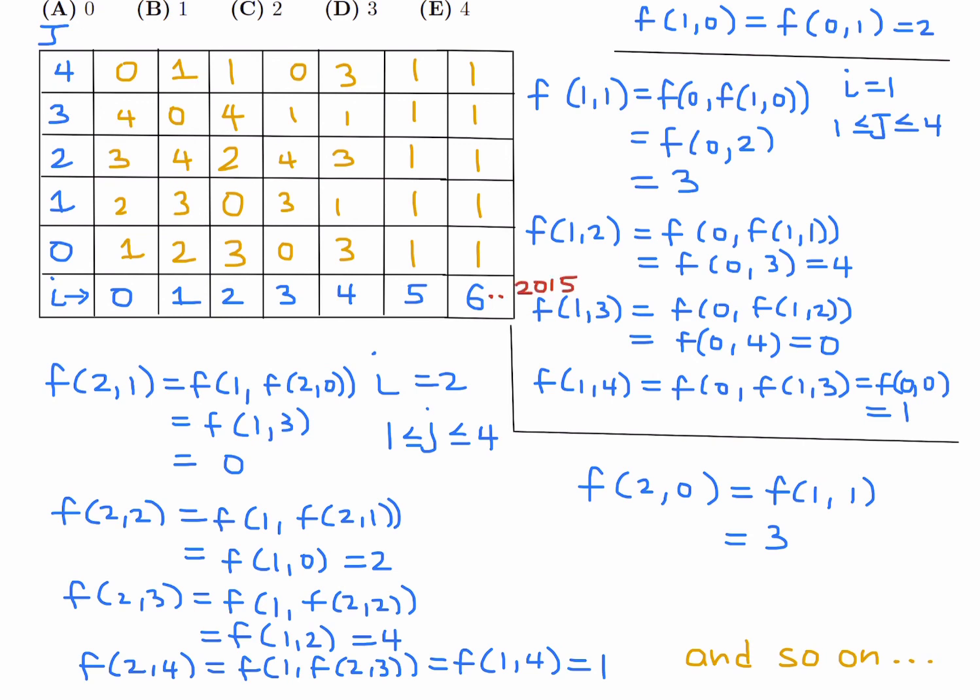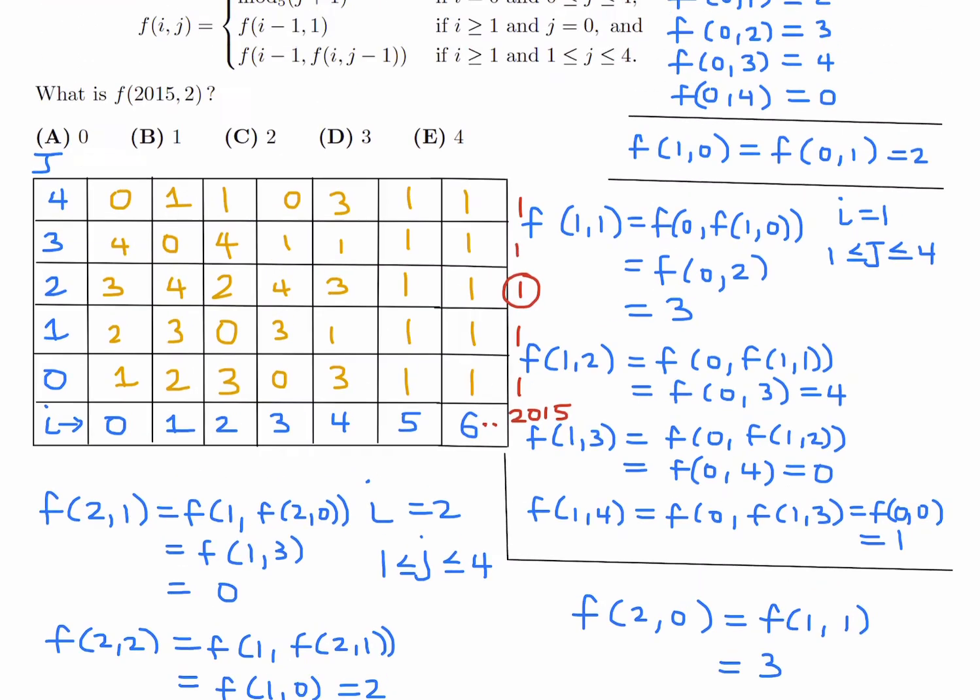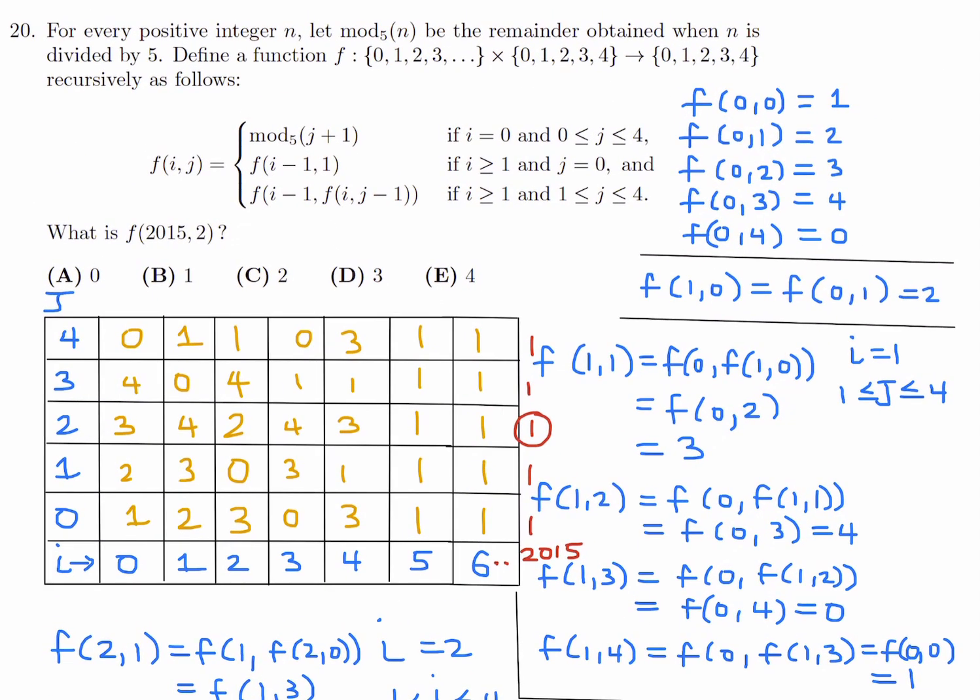Well, for i equal to 2015, j is always going to be between 0 and 4, and that's also going to be 1, 1, 1, 1, 1. In particular, we wanted 2015 for i and 2 for j, so it's this one right here. Very time consuming. 2015, 2. The answer is 1. So number 20, that would be B.